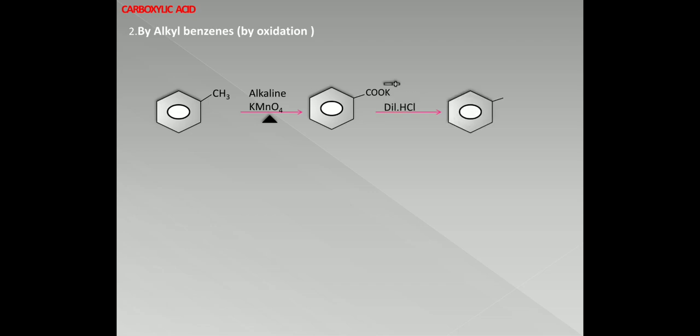This is the aromatic carboxylic acid, benzoic acid. So toluene will convert into benzoic acid. The intermediate product is what? Potassium benzoate.